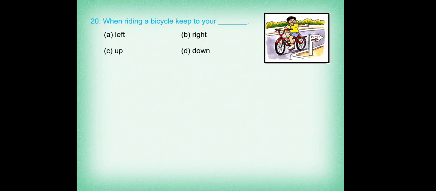It is a rule in India that we ride all vehicles on the left hand side of the road, not on the right hand side. The right hand side is where traffic is coming from and the left hand side is where we are going, right? So in India we have the driving rule on the left hand side. So left.